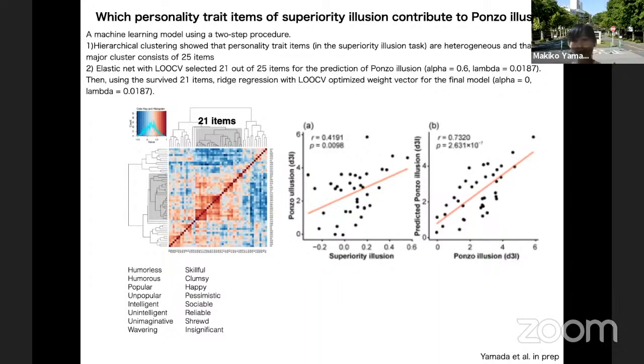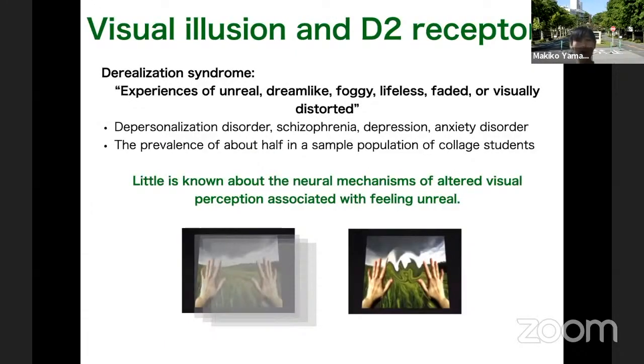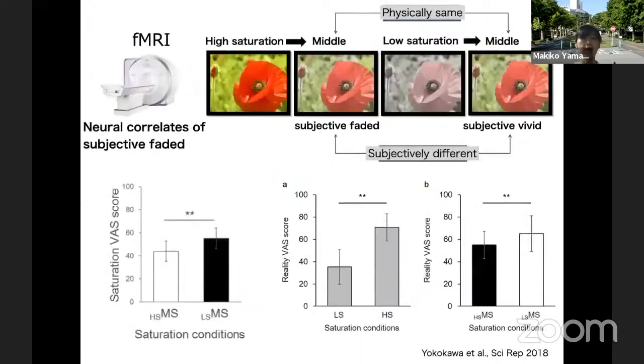And next, we tested if visual illusion is associated with dopamine in the brain. This time, we used an adaptation method. First, we show the subject a high saturation image like this, and then the middle one. And then a low saturation image, and then the middle one again.